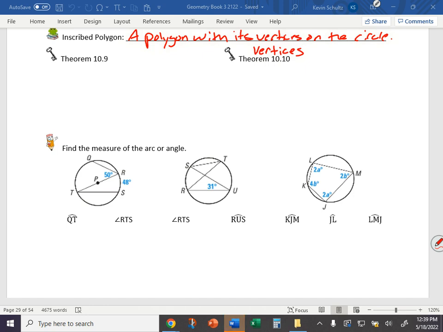So an example: here's a circle, here's a point, here's a point, here's a point, here's a point. All right, that would be an inscribed polygon.